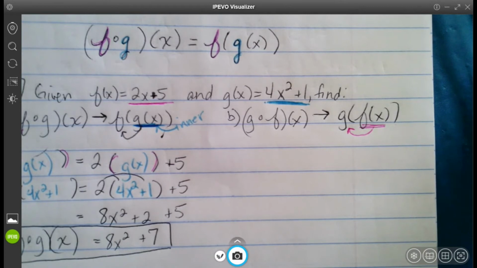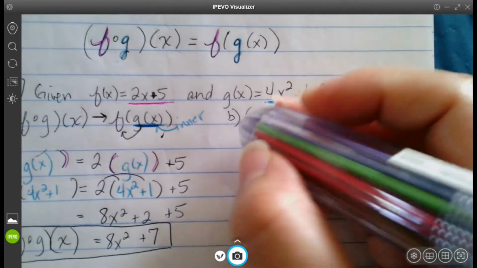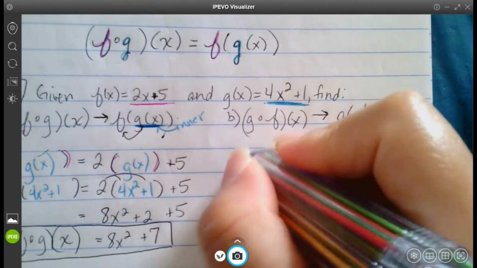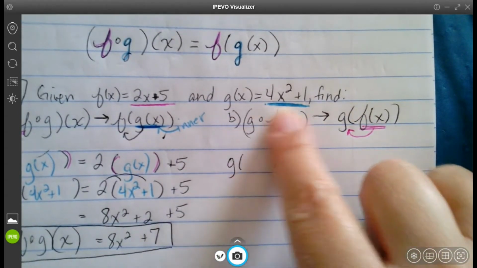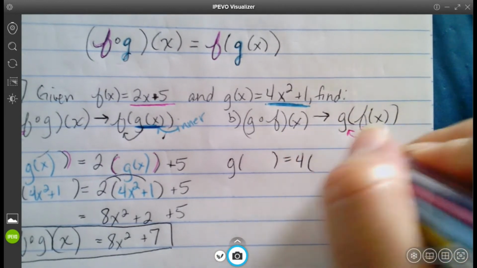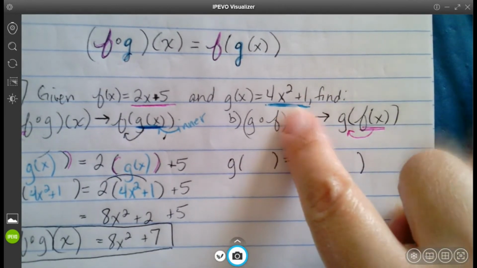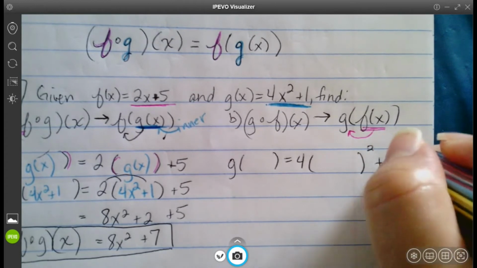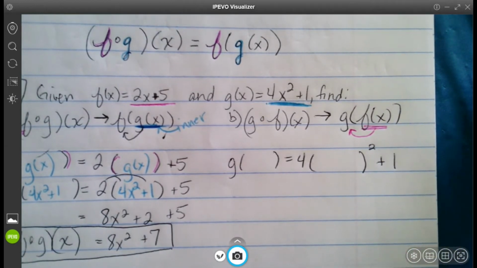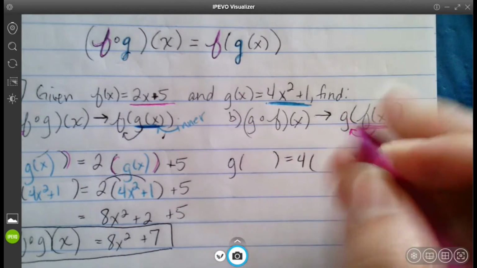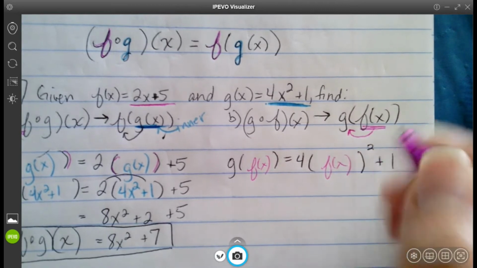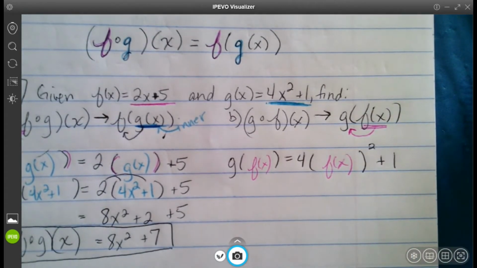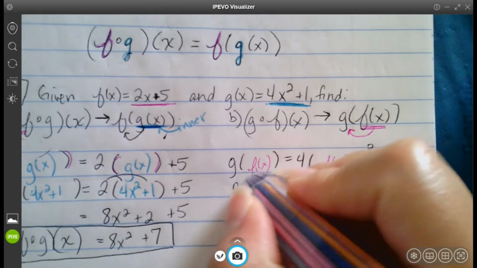Okay, so we're going to start with g of x because that's the outer one. So g of parentheses. So I'm copying this one now. 4 parentheses squared plus 1. And inside that, I'm going to go ahead and plug in my f. So f of x is going to go in here this time. Okay, we're going to rewrite it.